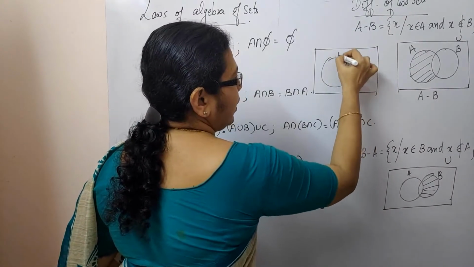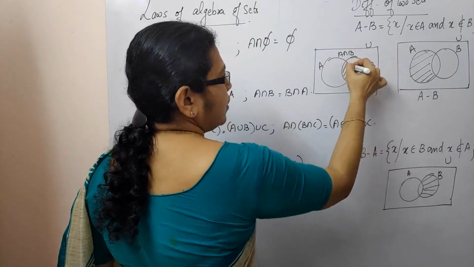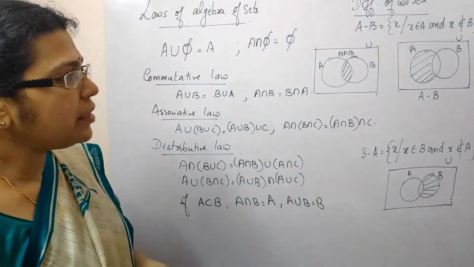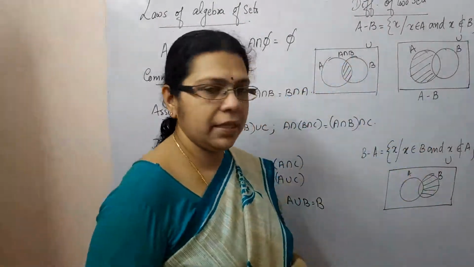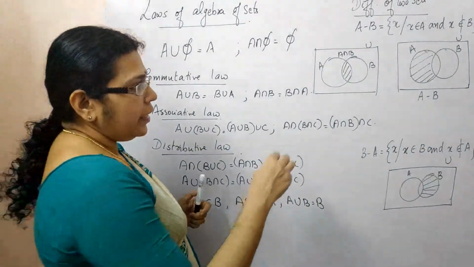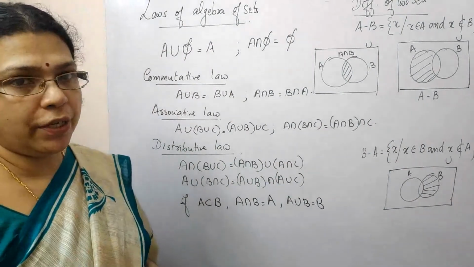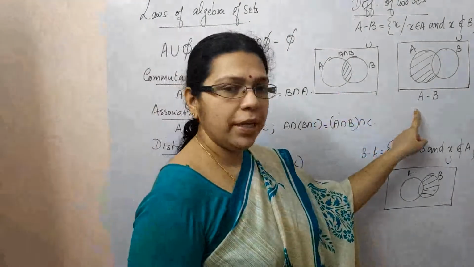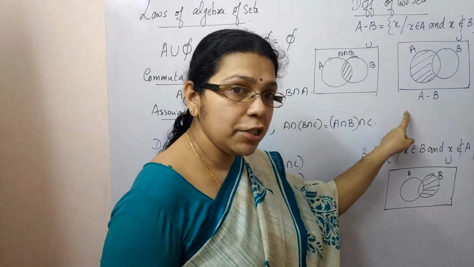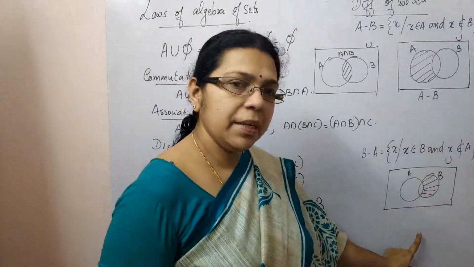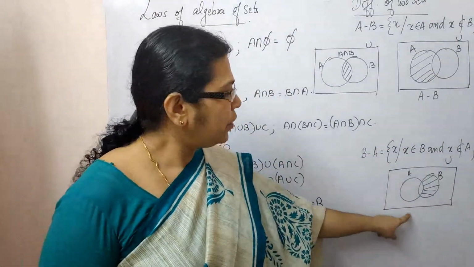This is the portion of A intersection B. This is set A, this is set B, this is U, this is A intersection B. Now look at this figure: A intersection B, A minus B and B minus A. These three sets are mutually disjoint. You take these two, A intersection B and A minus B. Do you find anything in common? They are disjoint. Again, A minus B and B minus A. Is there anything in common? No, they are disjoint.